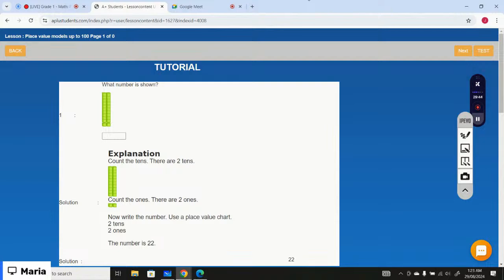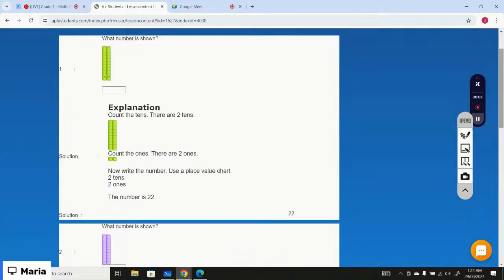You can see here two rows, right? And each row has 10 small squares. That means they represent two tens, because they represent two lines and both lines have 10 small squares. You just have to interpret the given model.